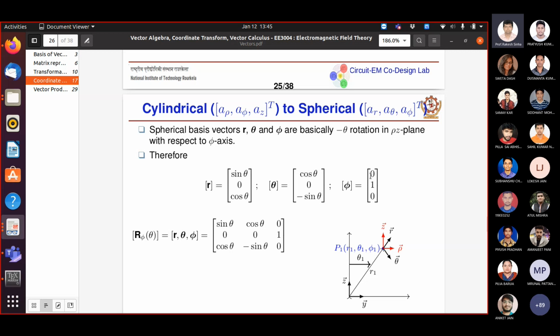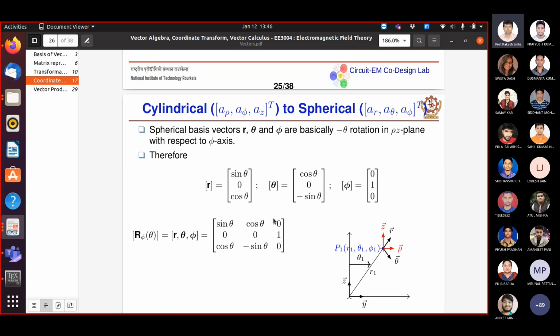Z does not change, and rho does not change in the formation of phi. If I clamp all these three together, then we form the rotation matrix R phi, with respect to the phi axis, and the amount of rotation is theta.